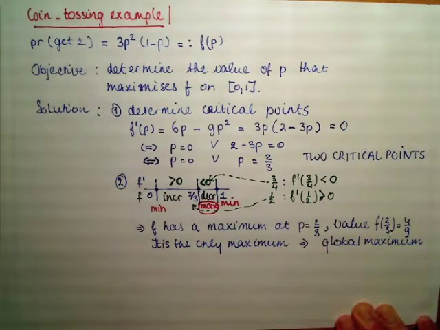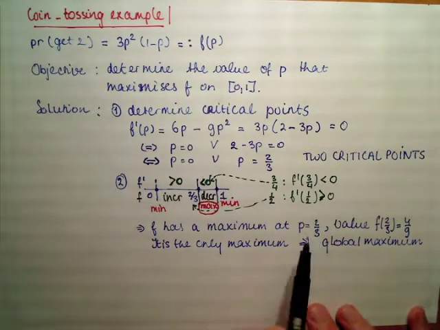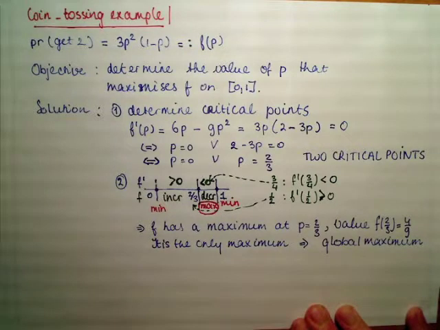Now, does it make sense that the best guess is 2/3? Well, based on the fact that we toss the coin 3 times and get 2 heads, it's just that we have luck 2 out of 3 times, so this is exactly what this p-value is telling us. So in some sense, it is not very surprising.